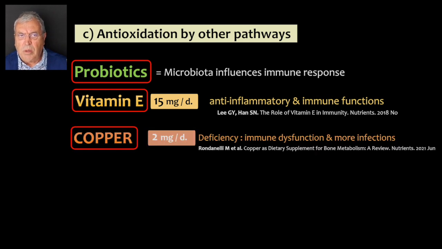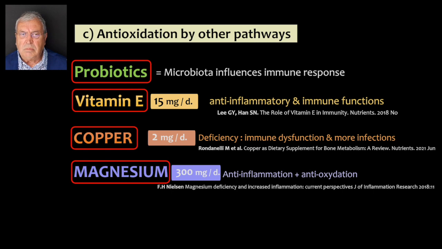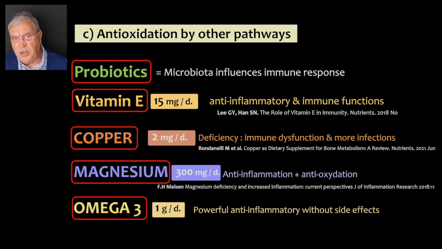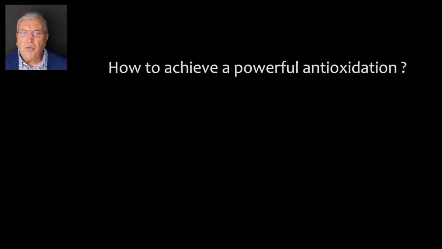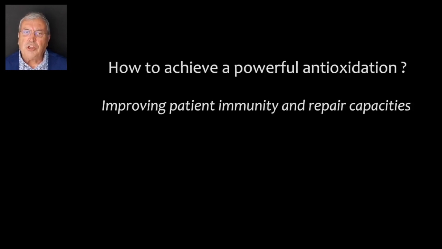Copper, magnesium are very powerful in anti-inflammation, and the omega-3 fish oil is very, very anti-inflammatory and without side effects. So now, if we want to achieve a powerful antioxidation, we can do it. We can improve the immune system and the repair capacity.